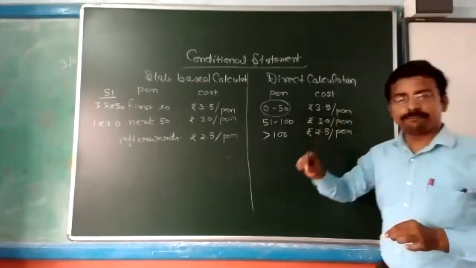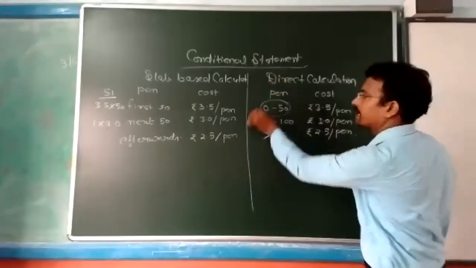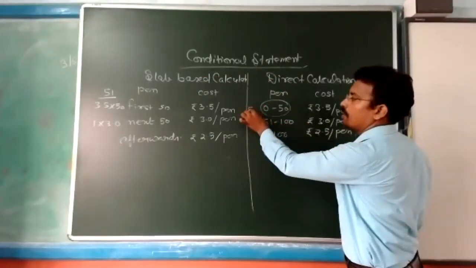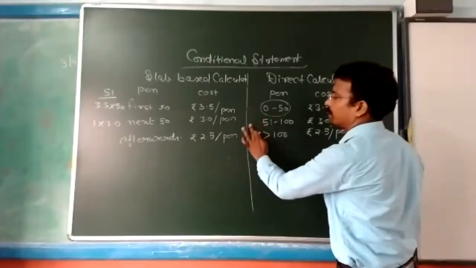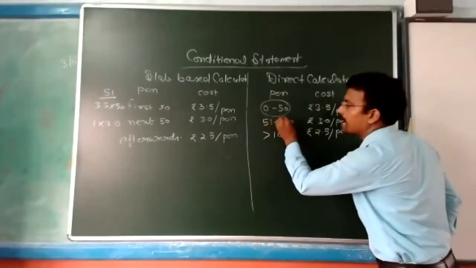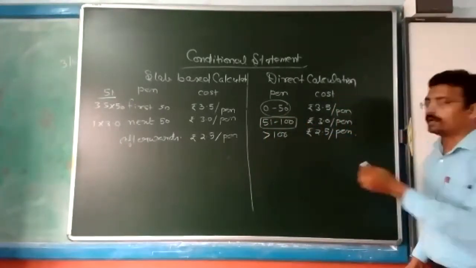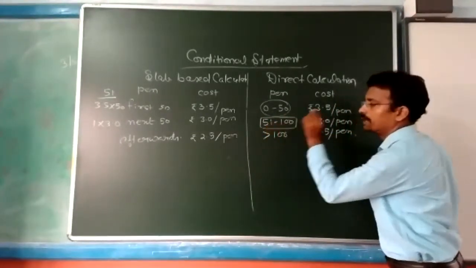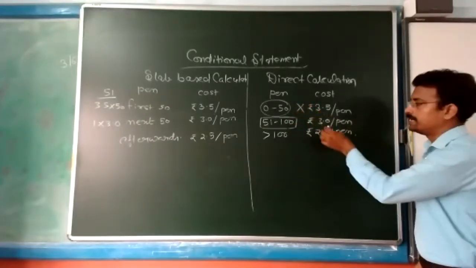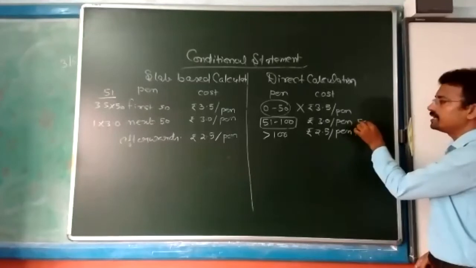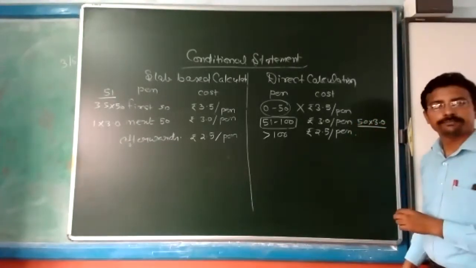But if I have purchased 51 pens, this direct calculation says I will not break it up this way. Directly I am going to follow the range 51 to 100. I am coming in this range, so there is no connection with the other. Directly I will pay 50 into 3 rupees, like that.